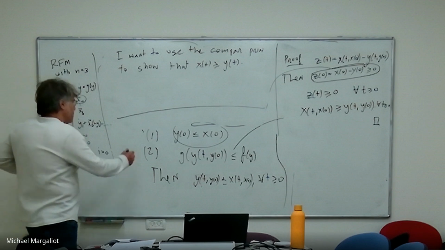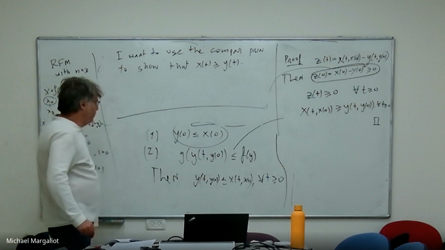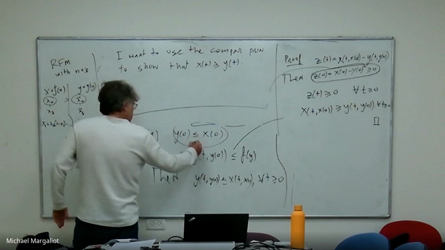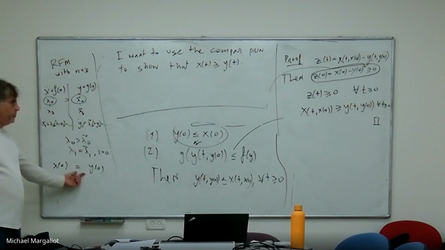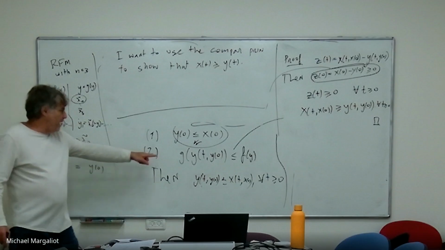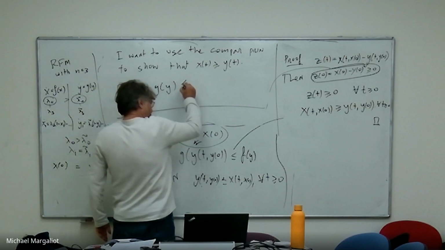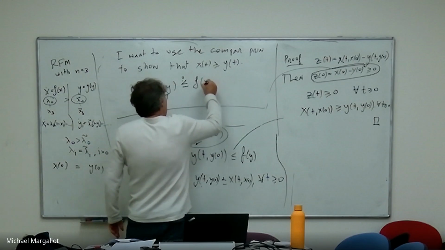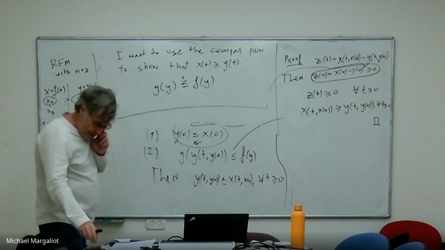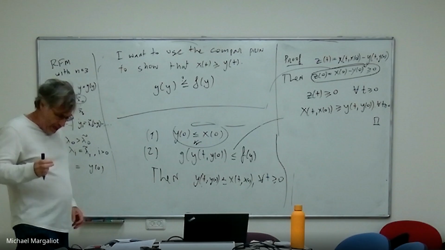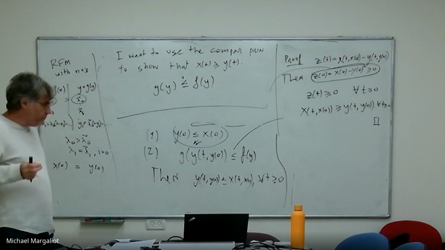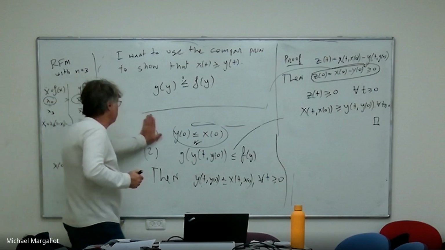So what do I need to use the comparison principle? I need this. This certainly holds because I took two initial conditions which are equal. And now I need to check if g(y) is smaller or equal to f(y). So let's check this. I compare on the same y the two vector fields. And what are these two vector fields?